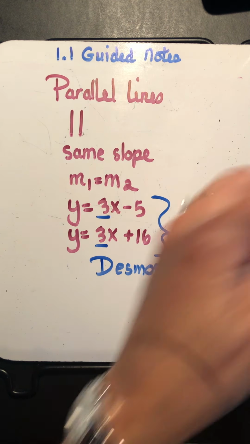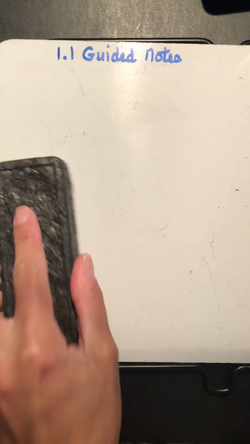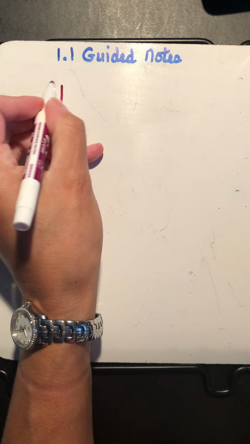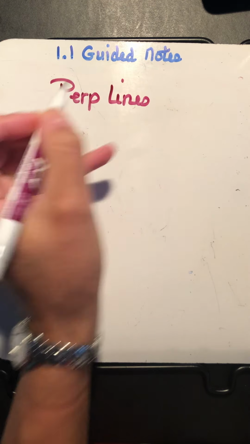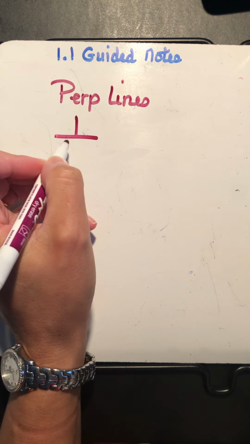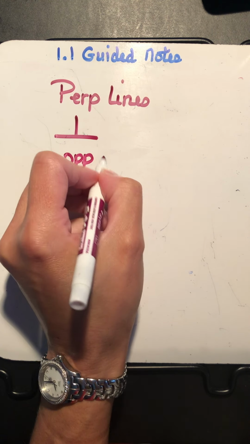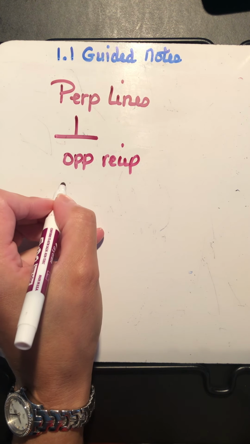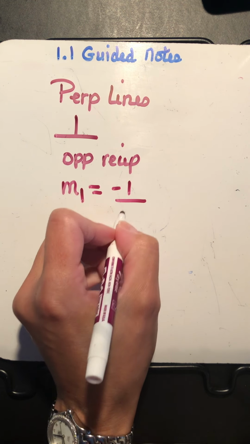Now, perpendicular lines do not have the same slope. If I have perpendicular lines, my slopes are opposite reciprocals. And the notation for perpendicular lines looks like that. So slopes are opposite reciprocals. So if one slope is m1, the other slope is negative 1 over m2.